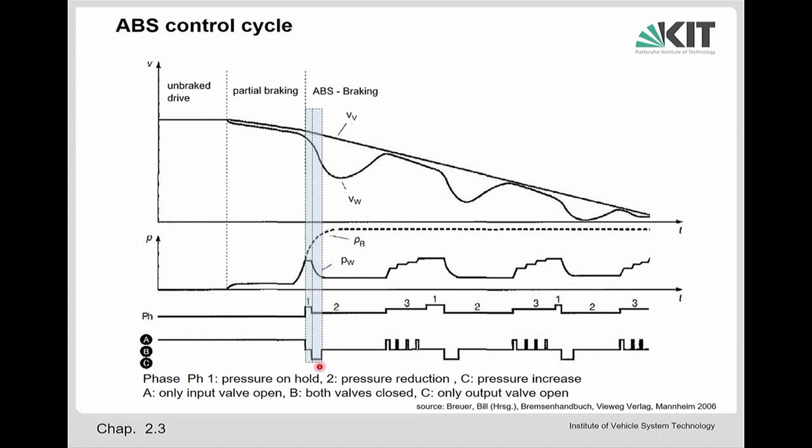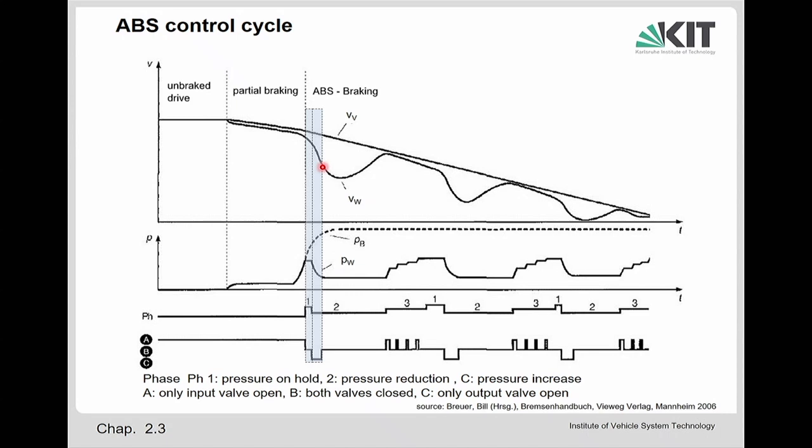So this outlet valve is closed again if the wheel acceleration is now coming again to this threshold, but now from above. So the wheel acceleration is reduced.